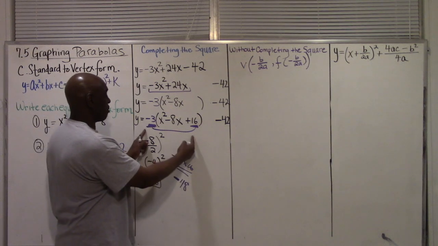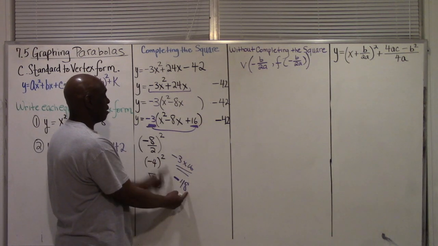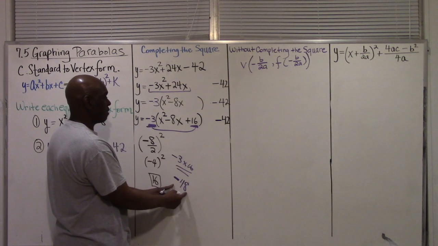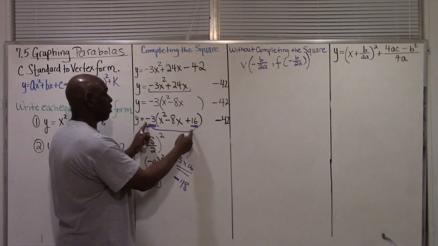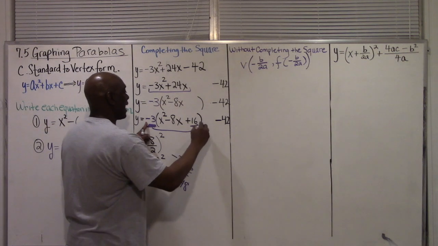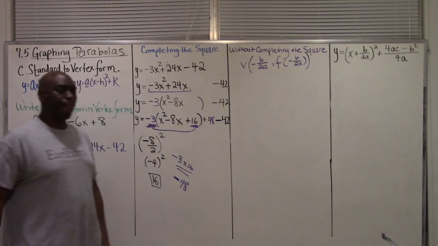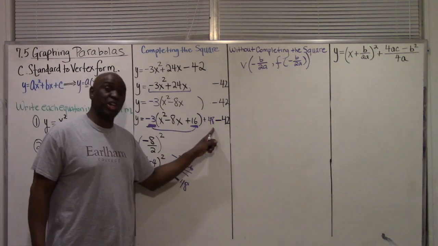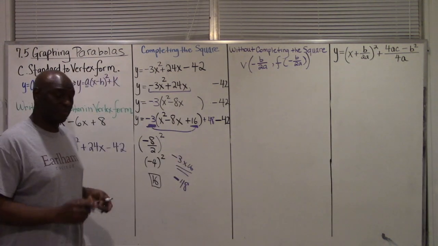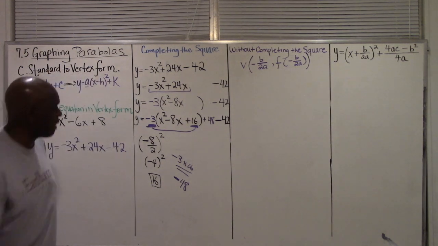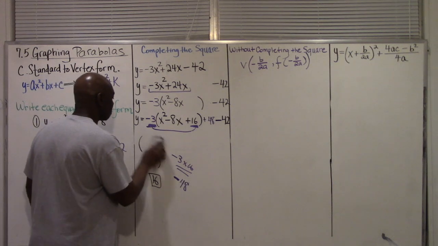That's what we have right here. Because negative 3 times 16 is negative 48. So since I have negative 48 right here, I have to go the opposite and put a positive 48 right there. That's what goes right here, plus 48. Yeah, you gotta watch that one. Gotta watch it.